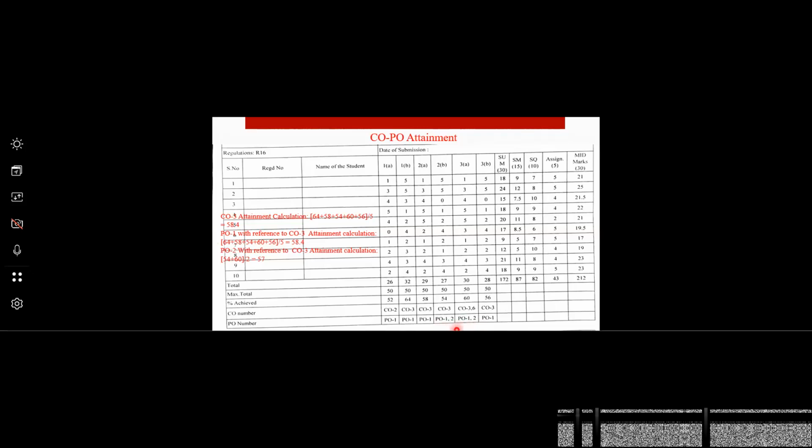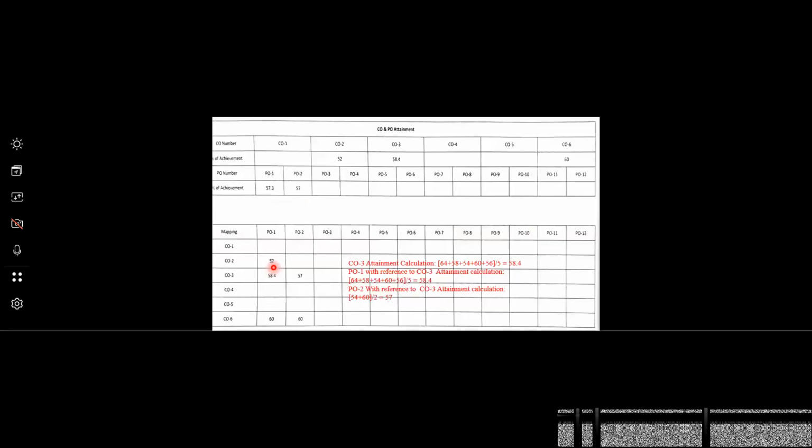You again go back to here. Let us go to the next slide. Let us see how this CO-PO attainment is calculated. See this table. You have CO1, CO2, CO3, and up to CO6, because in the question paper up to CO6 are there.